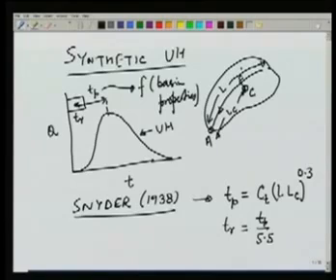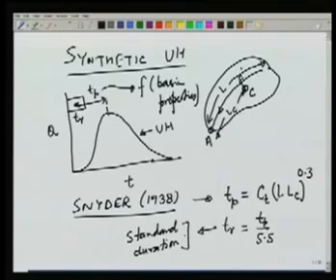So this Snyder called standard duration of rainfall, TR. And for this TR, the time to peak will be given by this equation.